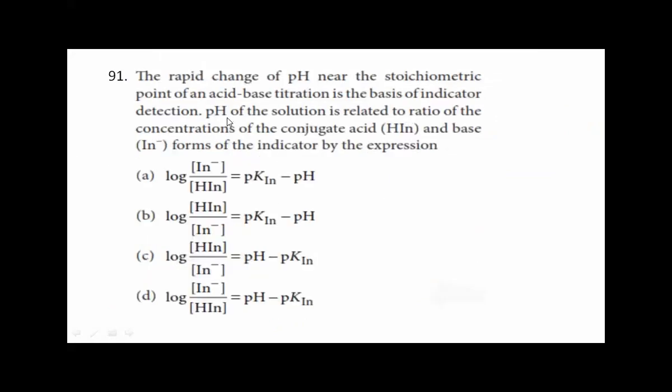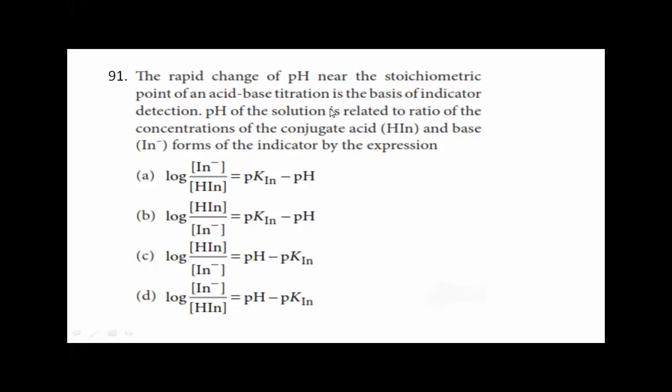Yes. Next question. The rapid change of pH near the stoichiometric point of an acid-base titration is the basis of indicator detection. The pH of the solution is related to the ratio of concentrations of conjugate acid HIn and base In minus, which form the indicator, by the expression.